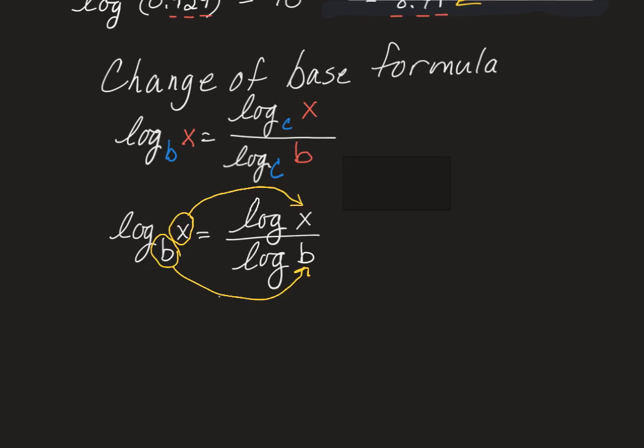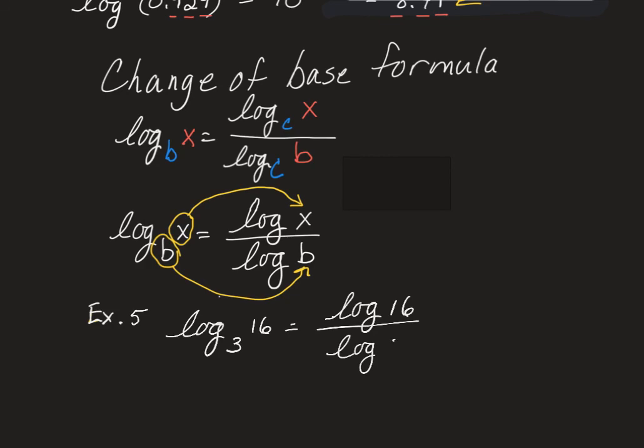All right, an example of that. Let's go back to white. This would be example 5. Log base 3 of 16 would become the common log of 16 over the common log of 3. Okay? If you really wanted to, you could change it to a different base.